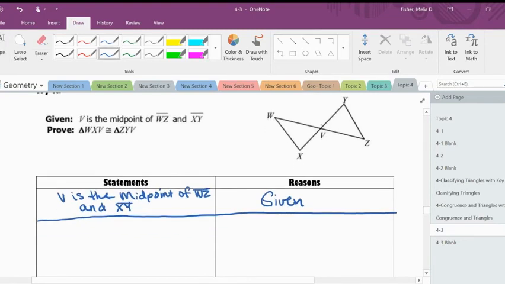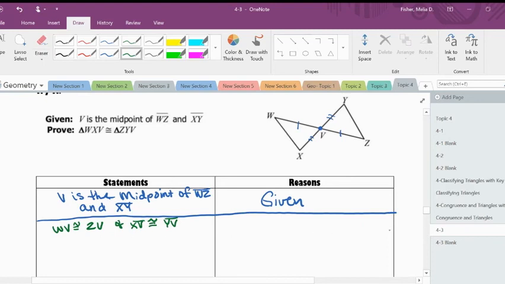So V is the midpoint of both lines. I'm going to put that there. We're going to mark that information that we gained from that, but we actually still have to state that information. So I'm going to go ahead and say that WV is congruent to ZV, and XV is congruent to YV.